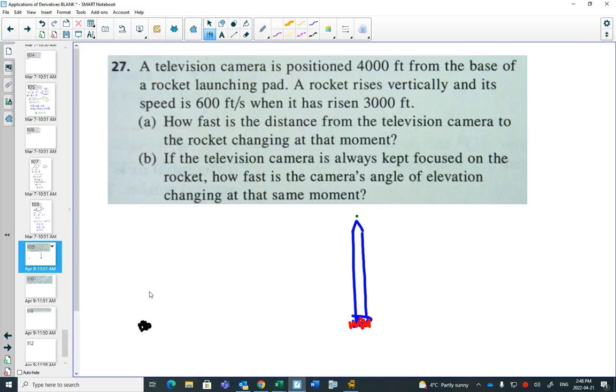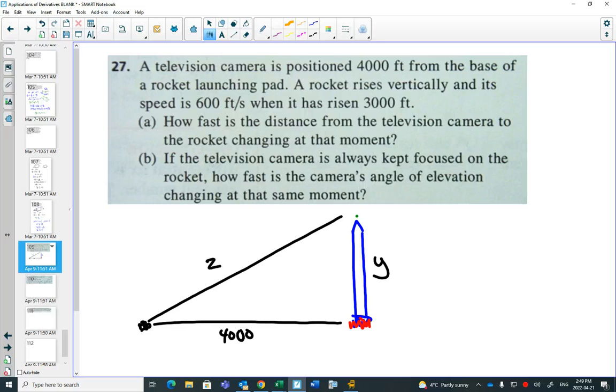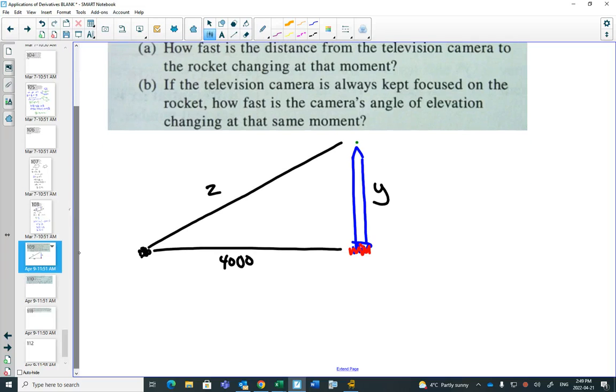What do we know? We know that this is 4,000 away. We know that y is changing with respect to time. How fast is the distance from the rocket changing? So we're wanting to find this. We know that z is a function of time, y is a function of time.